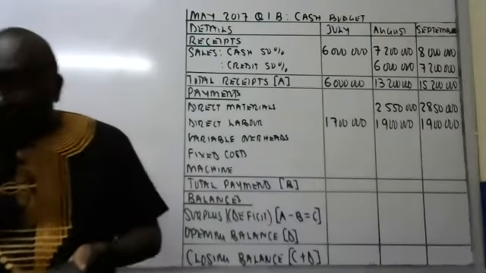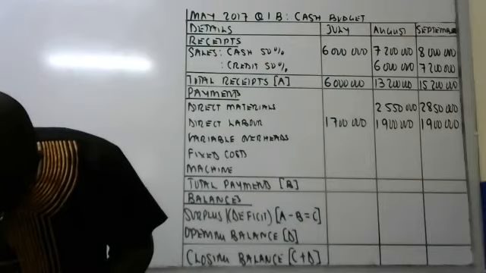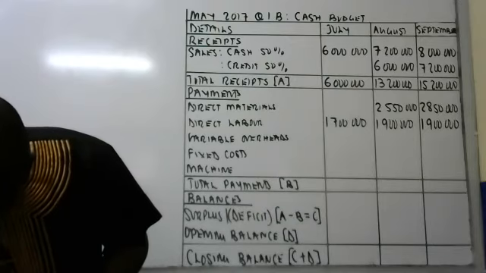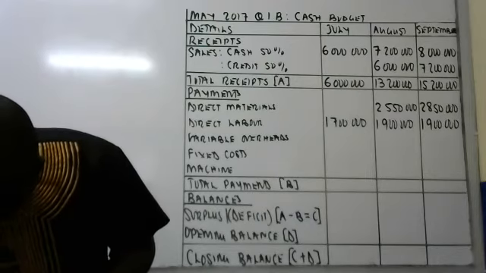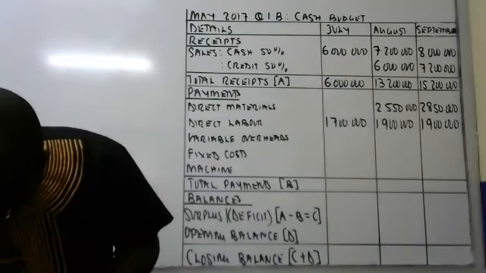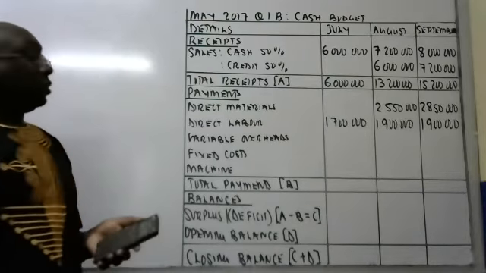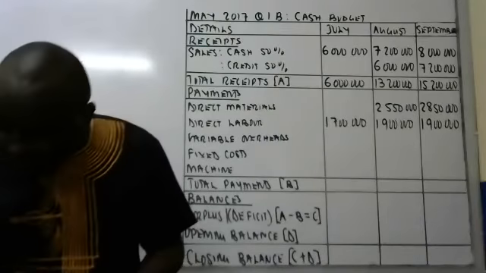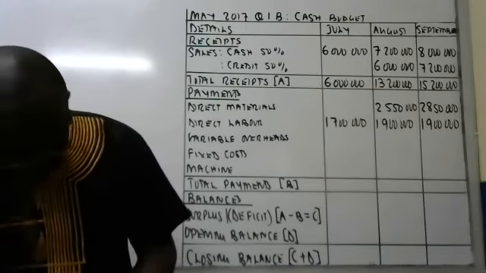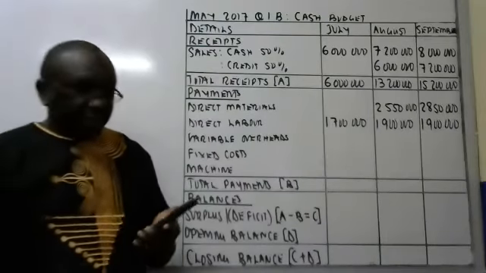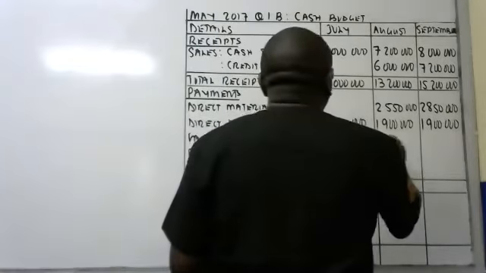For the variable overheads, according to information 7, we are told they are paid for in the month following production, so the next month. So if we are paying next month, you say 1,700 times 500 is 850,000.